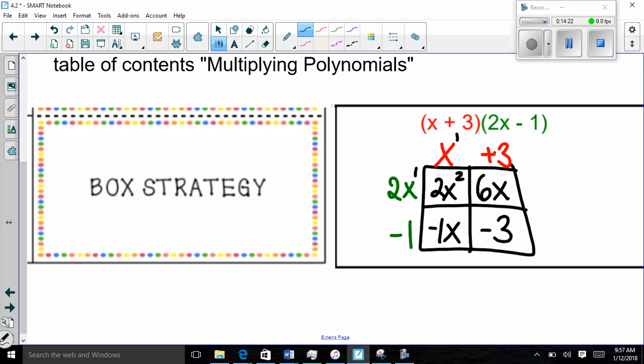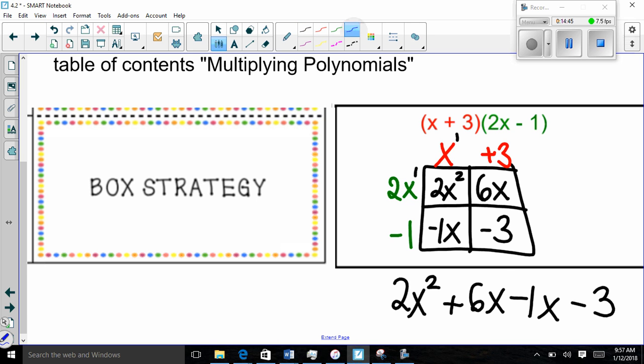Okay. Last thing we do is we rewrite what's in these boxes. So I'm going to rewrite this: x squared plus 6x, positive, minus 1x because it's negative, minus 3. Now I'm going to combine my like terms, the ones with the same last name.